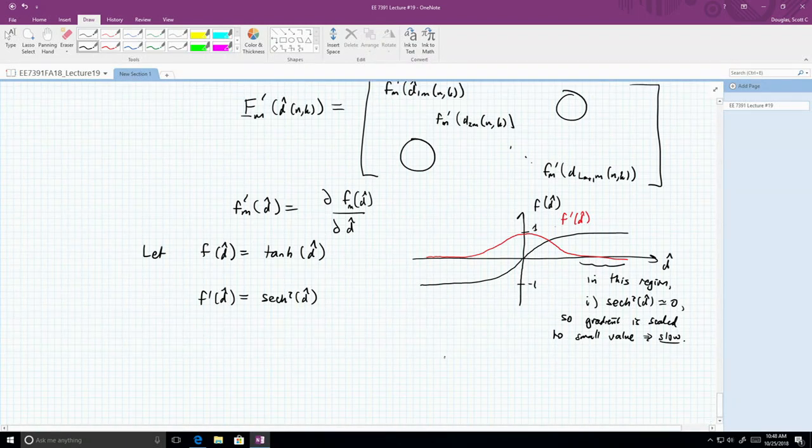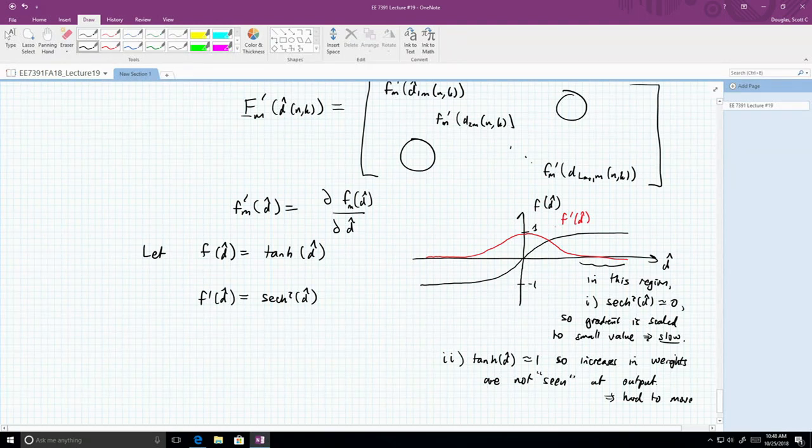There's actually another issue, which is that the tangent h of d is approximately 1, so increases in weights are not seen at the output. So the system becomes hard to move, right?